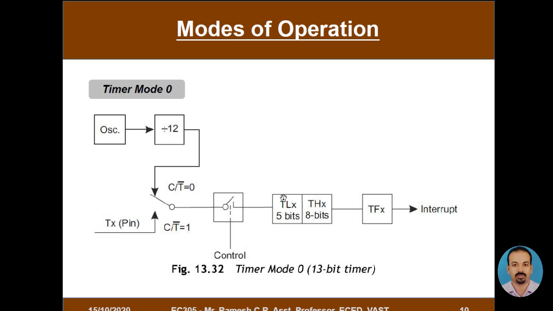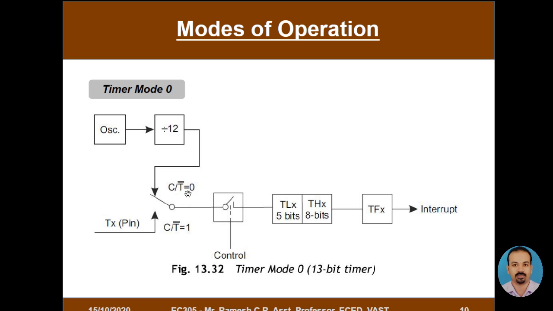And as we know, this counter register can increment based on the signal from the internal clock pulse when it is configured to act as a timer. Also the same count can be incremented in the case of a counter operation.